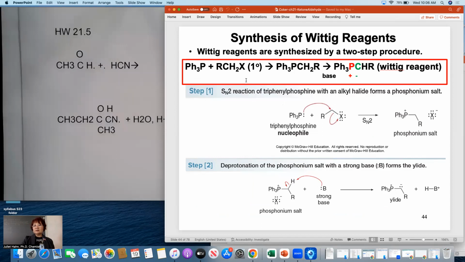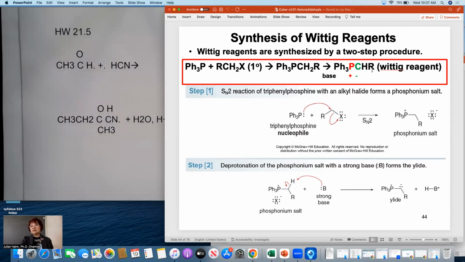The primary alkyl halide kicks out the X, and this carbon of the primary alkyl halide attaches to the triphenylphosphine phosphorus, and then you get this. At this point, it's not a ylid. It's a neutral compound. And then you take a base, pull a hydrogen off, and then you get the ylid, where the phosphorus has a positive charge and the carbon has a negative charge.